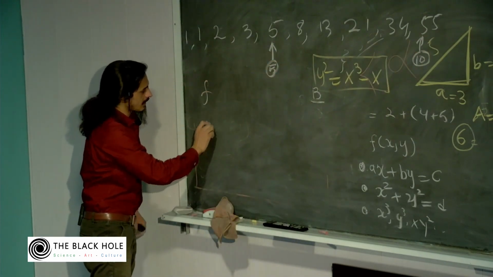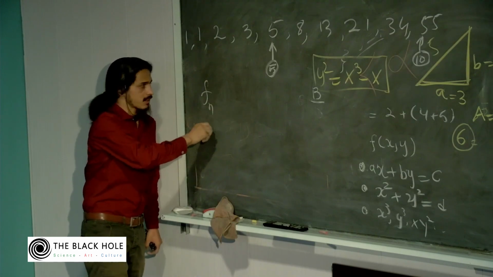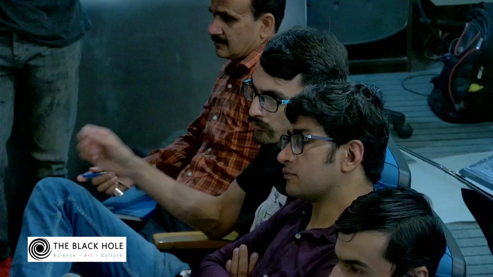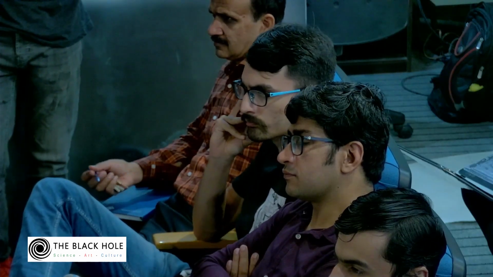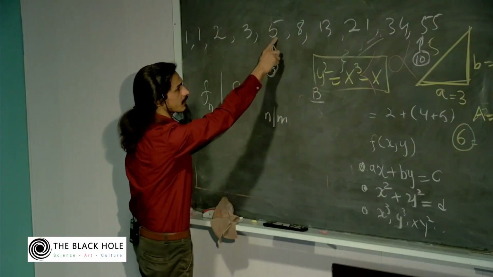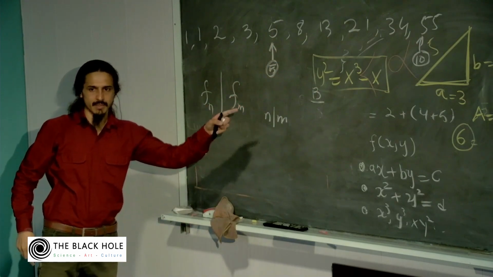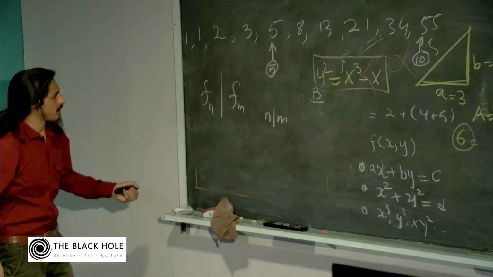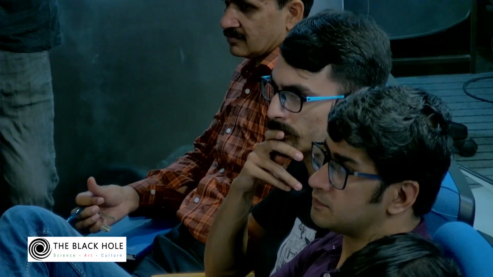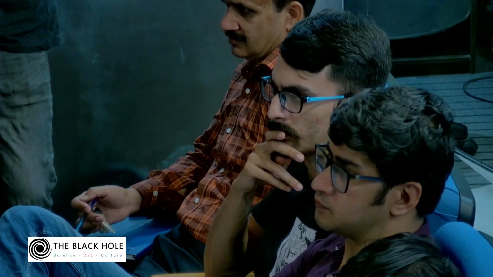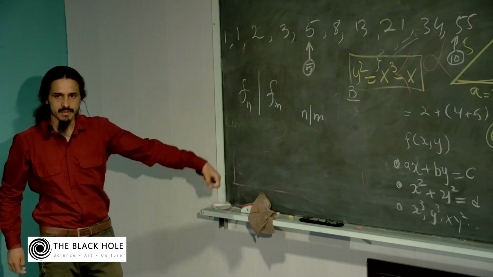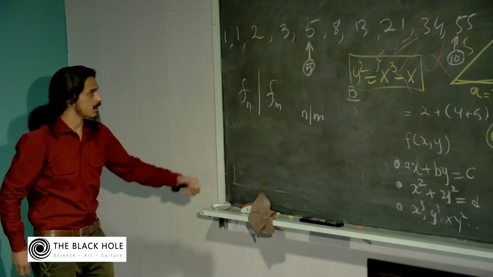So the division relation says that the nth Fibonacci number will divide the mth, the indices will have the division property if n divides m. In this case 5 divides 10, so the fifth Fibonacci number will divide the 10th Fibonacci number, and this is called the divisibility relation. And all the sequences that are connected to elliptic curves satisfy this relation. This is kind of trivial to see in integers. Integers is also an elliptic division sequence.